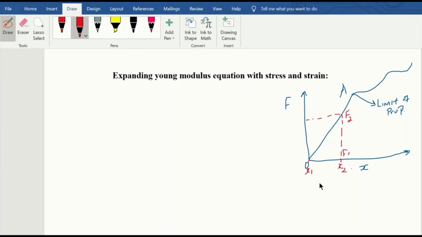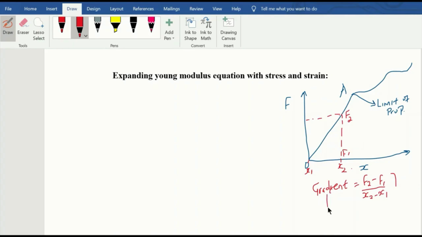The gradient is equal to the change in the y-axis, in this case F2 minus F1, over the change in the x-axis, which is x2 minus x1. All right, so this is how we find the gradient on this curve.